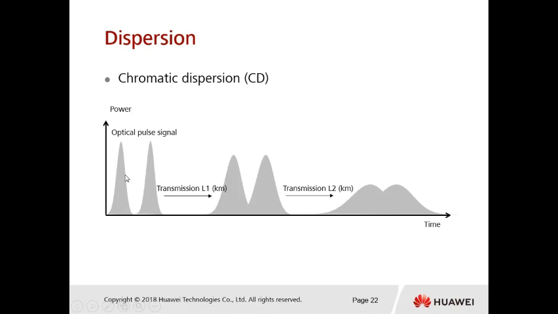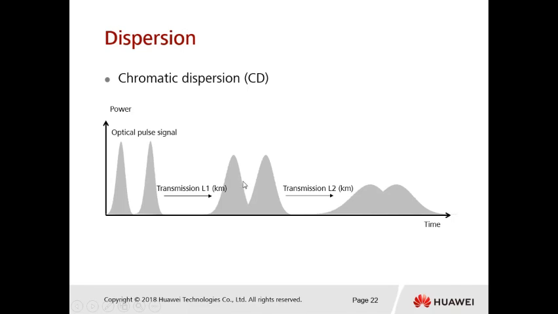The same problem exists in this pulse. One thing is that different frequencies transmitted in the same media have different speeds. So after long distance transmission, because the frequency is a little different, this part may run faster and this part will run slower. After long distance transmission, it will look like this.